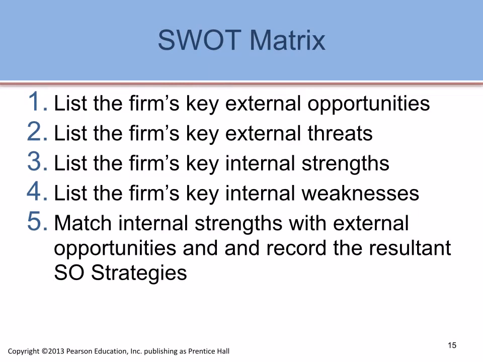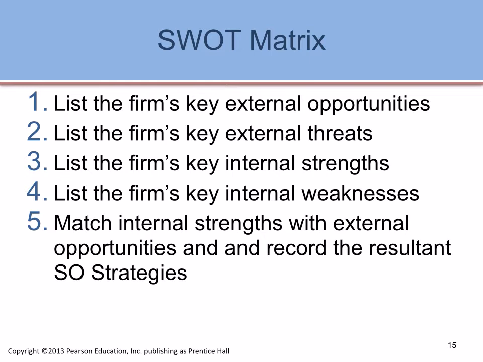So here's a summary of the SWOT matrix. As we have done before, we list the firm's key external opportunities, external threats, internal strengths, and internal weaknesses. And we start developing one by one each strategy.